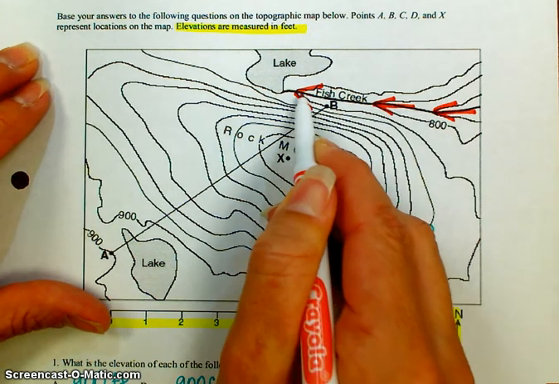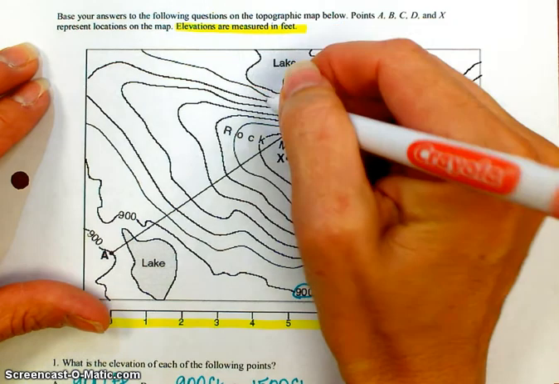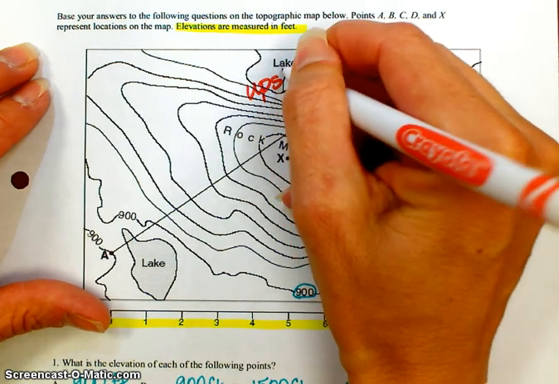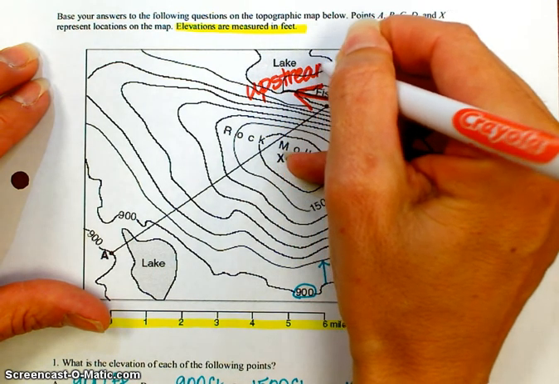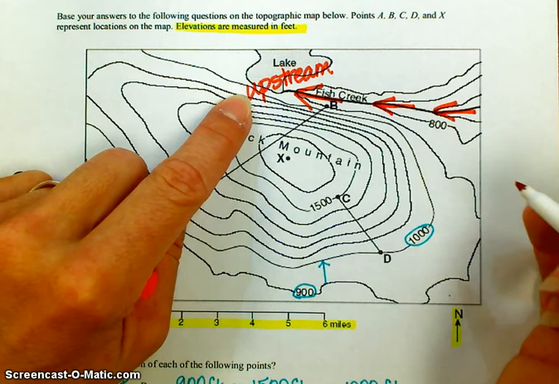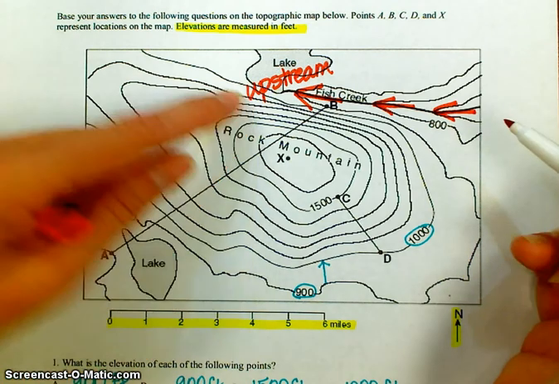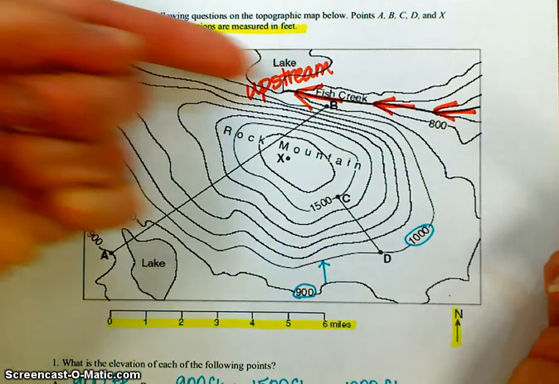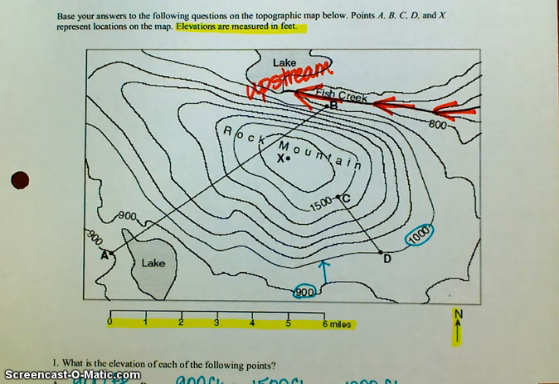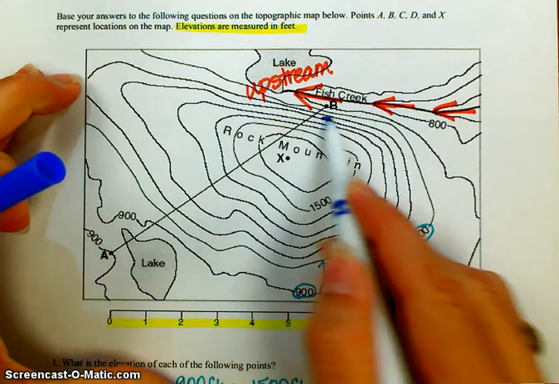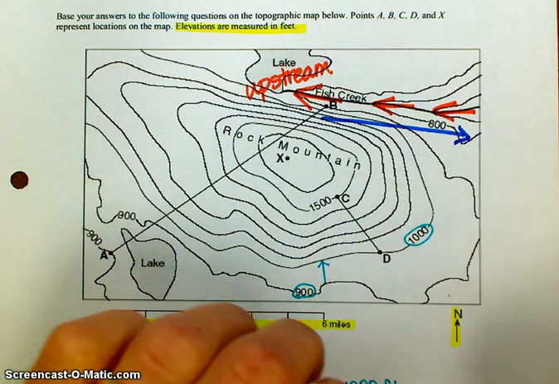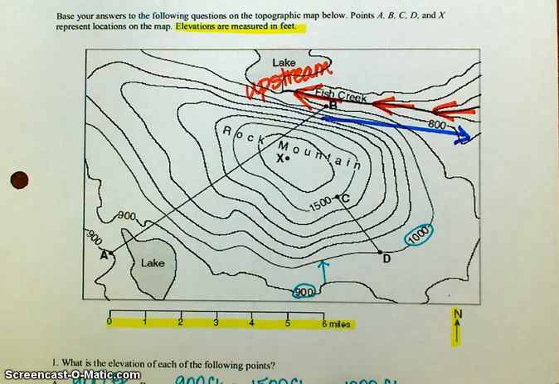And if I make those V's into arrows, they point upstream. So upstream or uphill. So this is uphill. So the water is going to flow downhill, which is in the opposite direction. So the water is going to flow this direction. And it's not perfectly east, but it's really close. So we're just going to call that east.